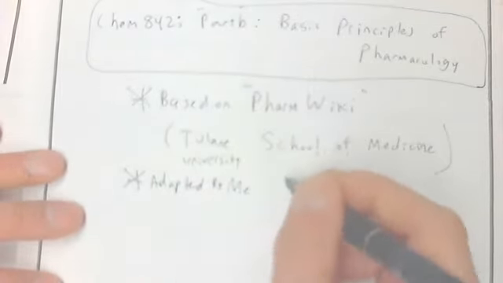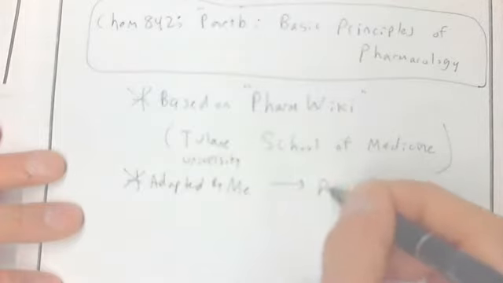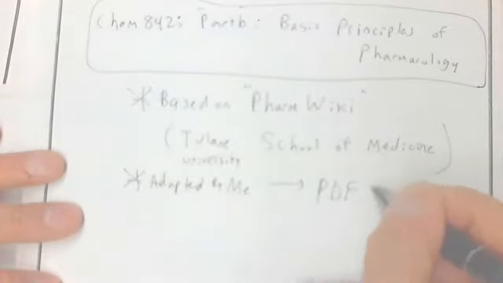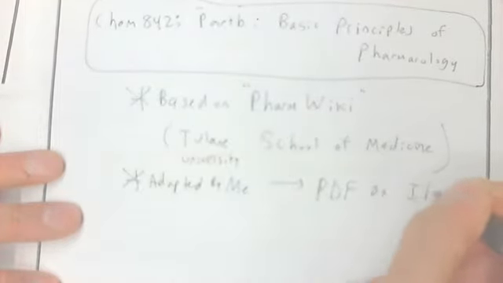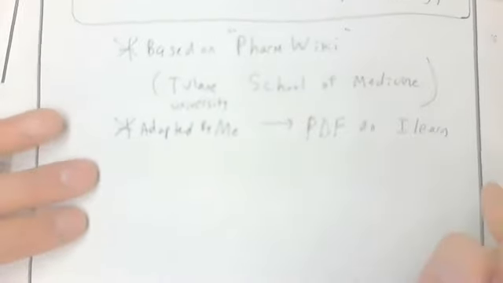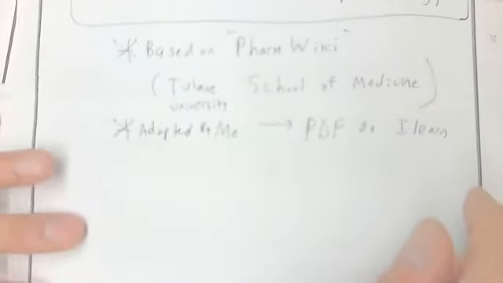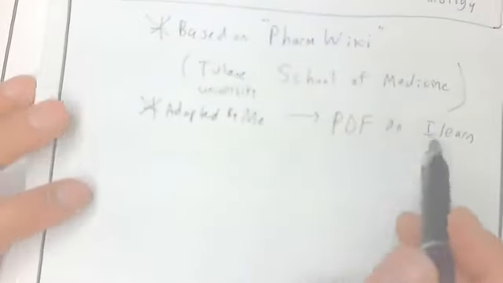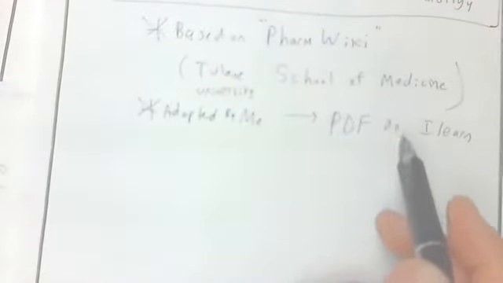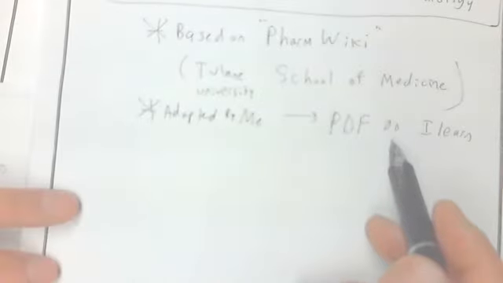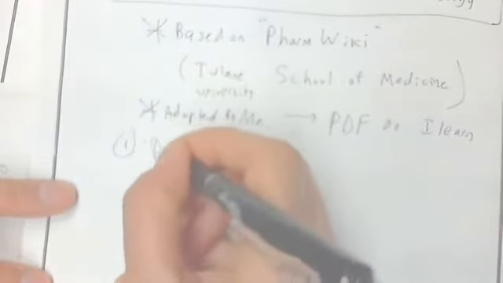But the PDF's on the iLearn website. Okay, and I try to follow the structure of it. So if you get that file, you can kind of read it and I'll follow the structure of it. Okay, so number 1, definitions and abbreviations.